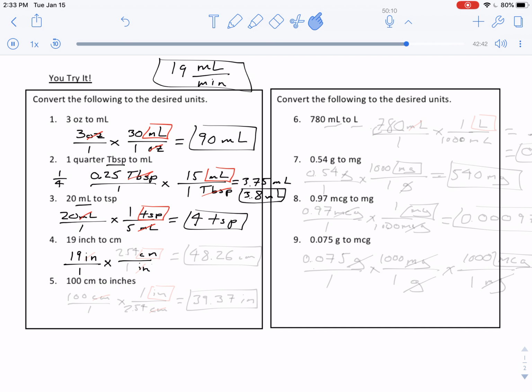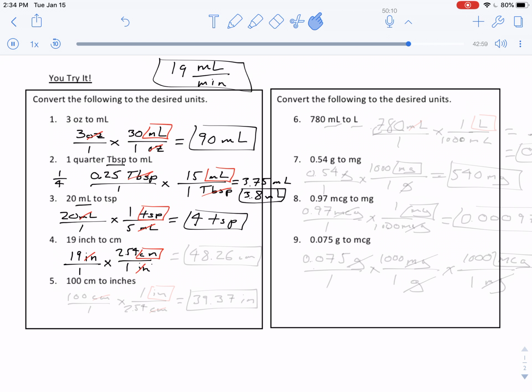I need to look it up myself, which was 2.54 centimeters and 1 inch. So right here, the inches will cancel.